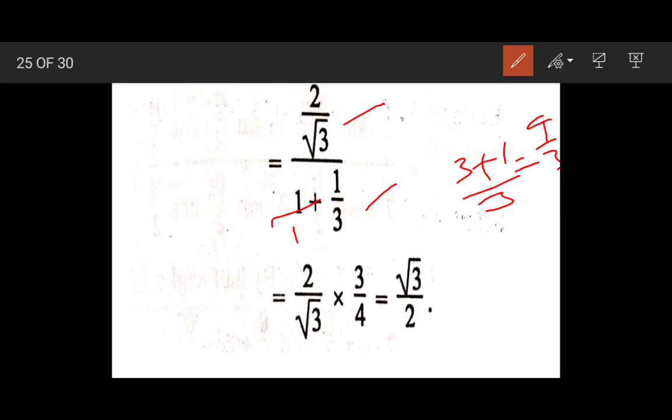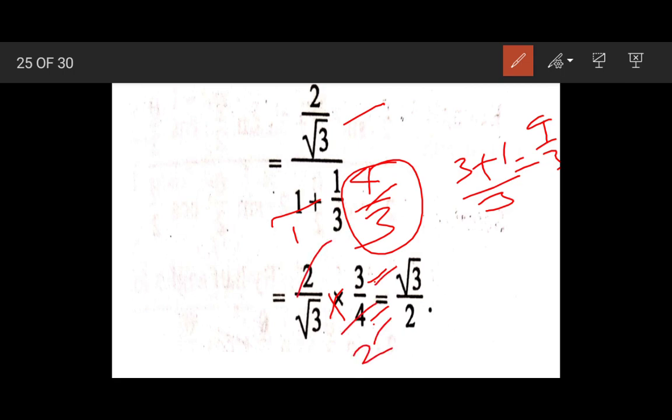Now this denominator 4 upon 3, when this denominator comes in numerator, then it will change, inverse. Okay, so in denominator it is 4 upon 3. While coming to numerator, this will be 2 into 3 upon 4. Okay, inverse of this 4 upon 3. So it will be 3 upon 4.